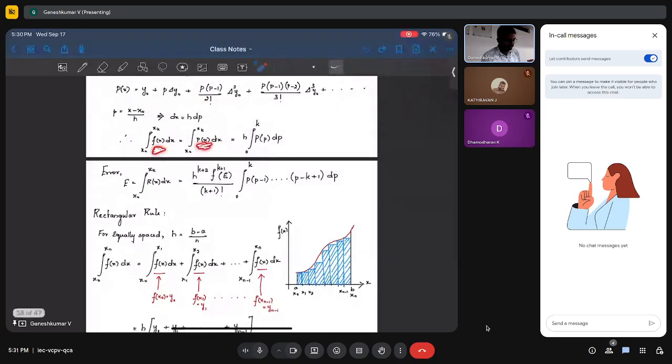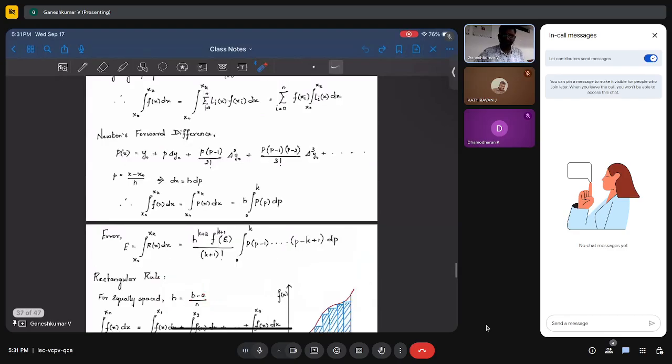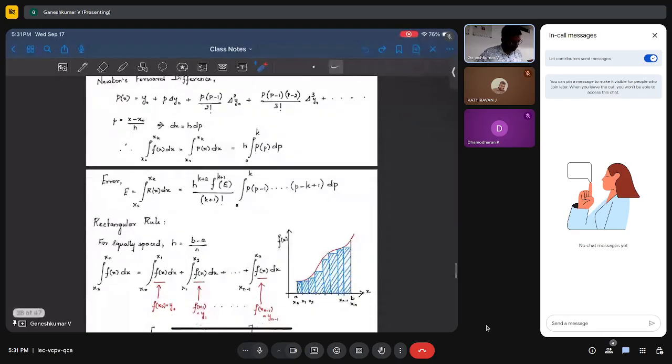Since you know the polynomial, if you substitute this value, it just becomes a function of p. Okay, p is nothing but (x minus x naught) by h. Okay, that is Newton's forward difference. You can also do it for Newton backward difference, that's no problem.